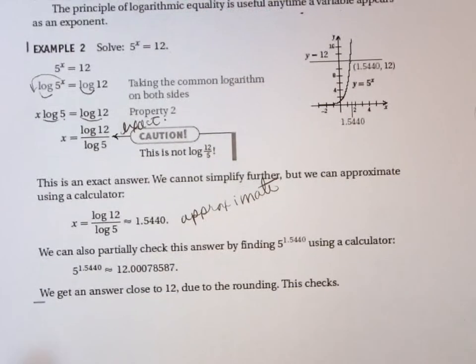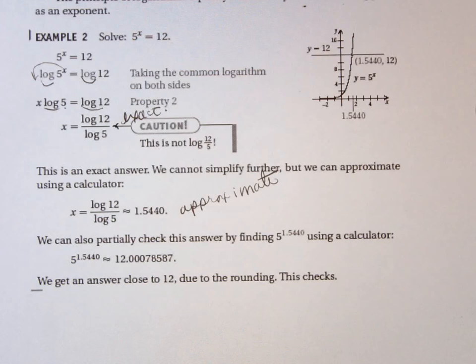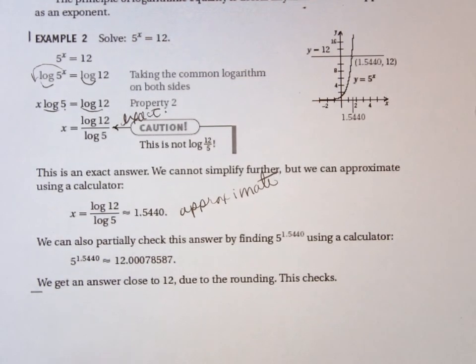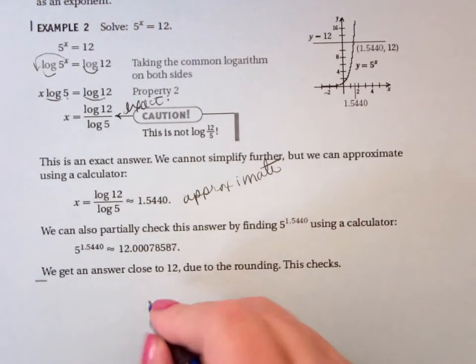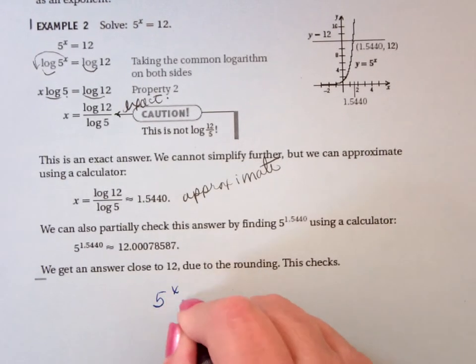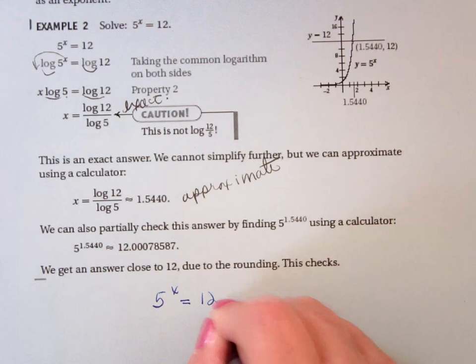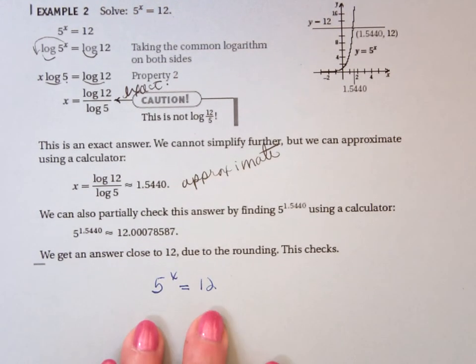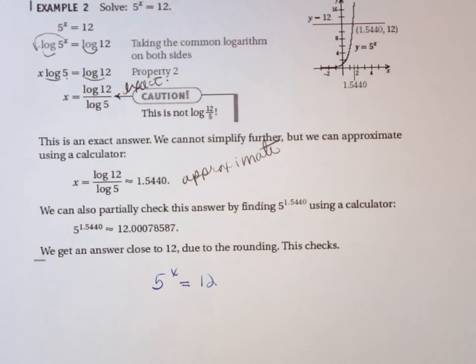Now, what you can do, if you don't like manipulating these symbols, is this. If I had 5 to the x equals 12, those two things are equal, but I can't make the bases the same.